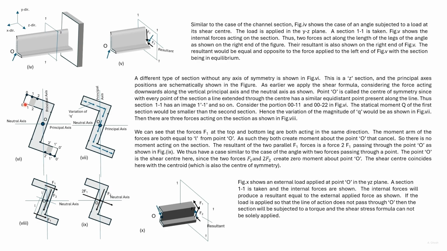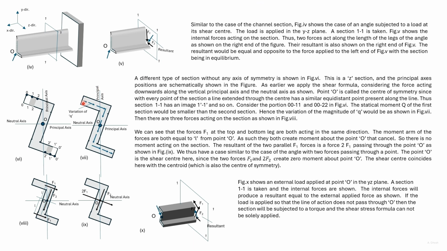Then we need the moment of area of the portion 0011 to find the shear flow. Consider section 2-2. Then we need the moment of area of 0022 to find the shear flow. The second moment of area will be larger, so the shear flow will be larger. In this way, we can determine the shear flow of the entire section.